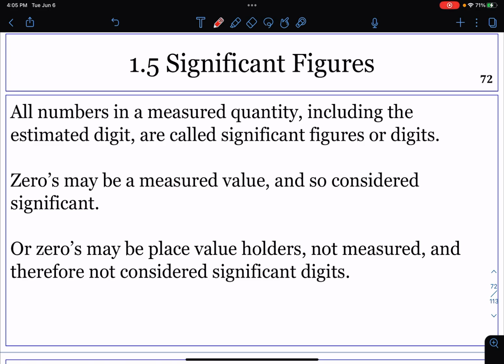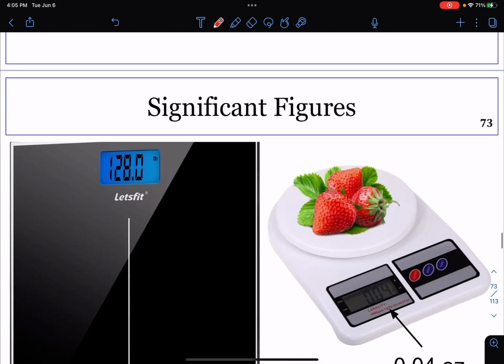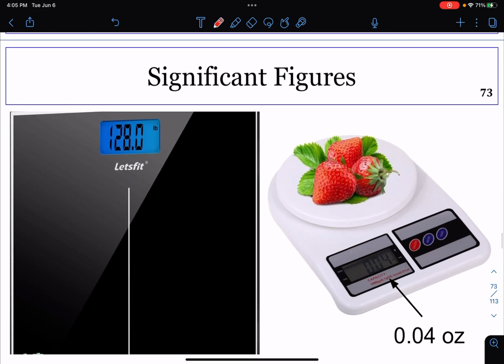Zeros may be part of the measured value and so considered significant. However, sometimes zeros are just placeholders and not part of the measured value. Therefore, they aren't considered significant. For example, if you step on a bathroom scale and it reads 128.0, we know that the digital scale estimated that last digit, that 0. So we know that the 0 is part of the measured value and therefore considered significant.